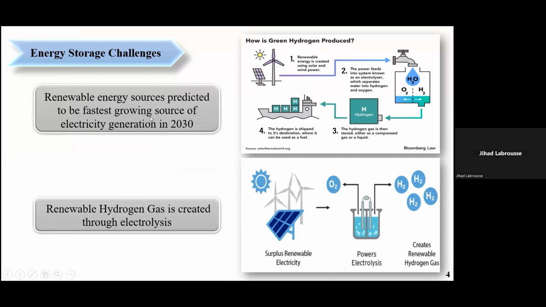To solve this problem, the renewables must be complemented with other dispatchable energies that can immediately adjust their production to match the variation of energy demand, and hydrogen storage is a promising option to serve this dispatchable energy role.